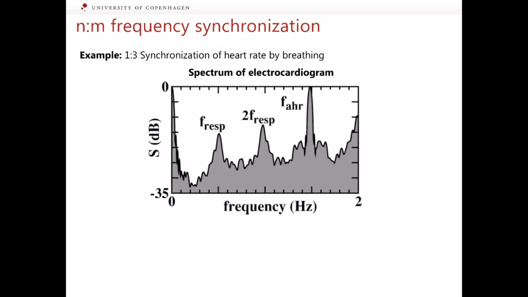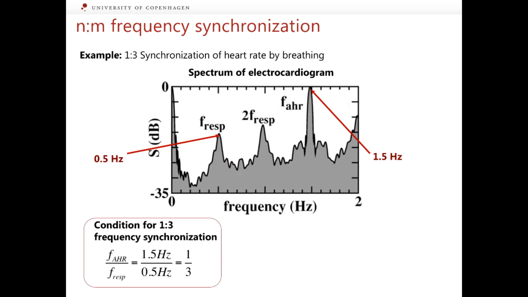Now we show how the same 1-to-3 synchronization can be visible in the power spectrum of only one of interacting signals, whose frequency is the highest. Here the figure shows the spectrum of electrocardiogram, and the human breathing is at the frequency 0.5 Hz. This frequency is very well visible in the spectrum of ECG. At the same time, the frequency of the heartbeats can be seen as the central frequency of the highest spectral peak at 1.5 Hz.